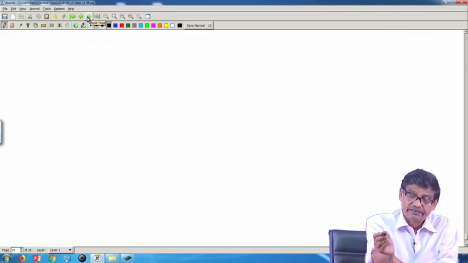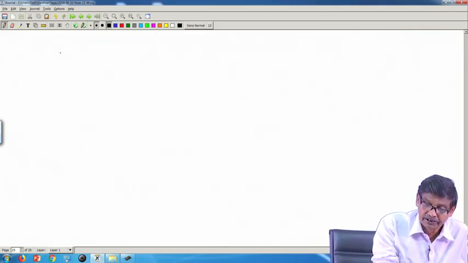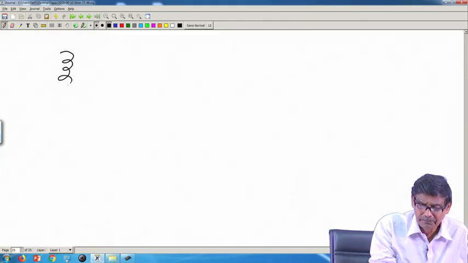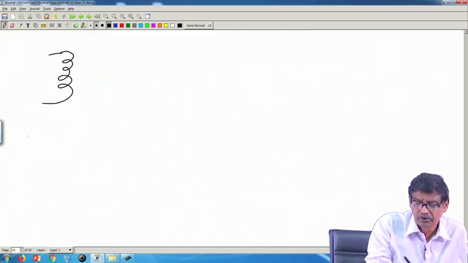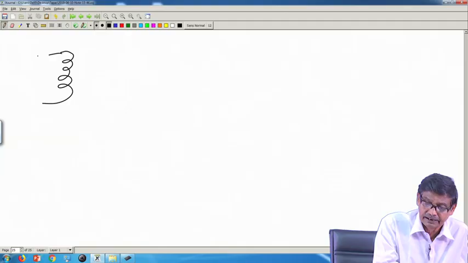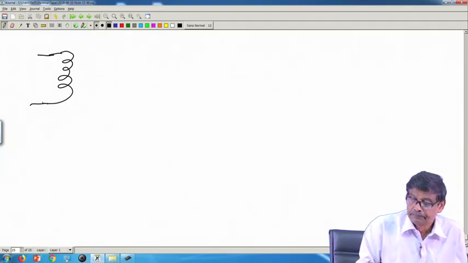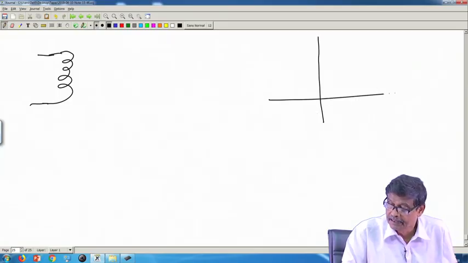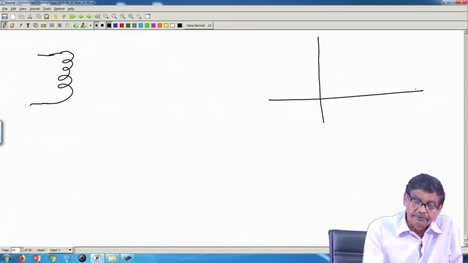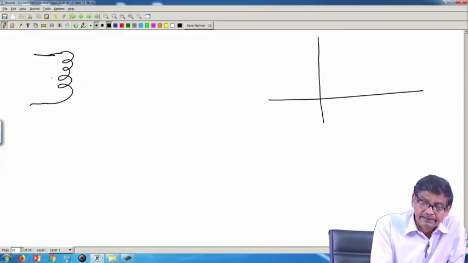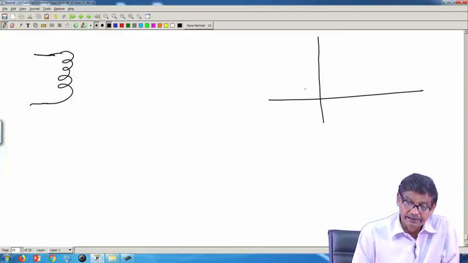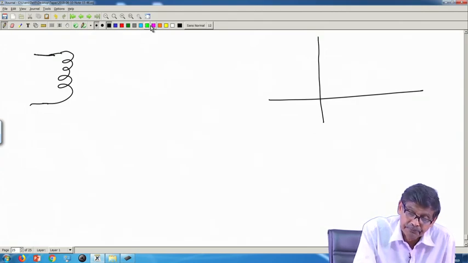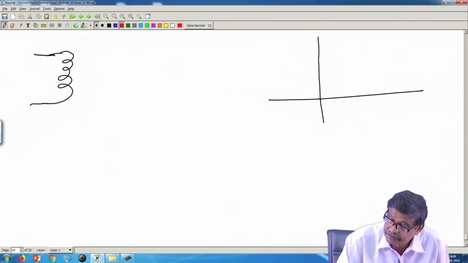So, what I will do is this, I will simply draw this coil now, but in my mind it is there, it is wound on a core material, things like that. And here I will draw the BH curve. So, what we have seen, as I increase the current, it will go like this. So, BH curve. Now, the game starts about hysteresis loss.